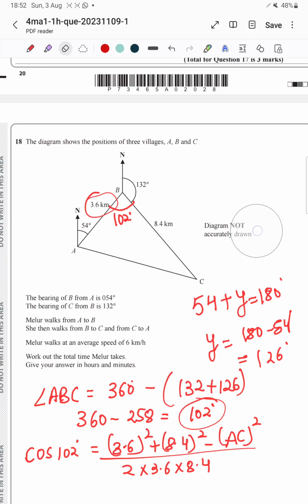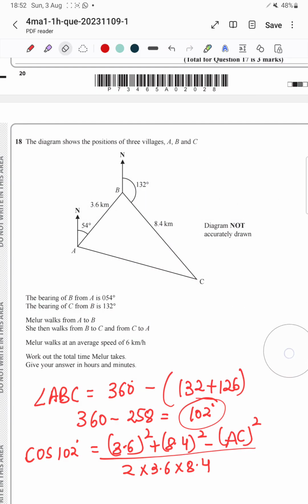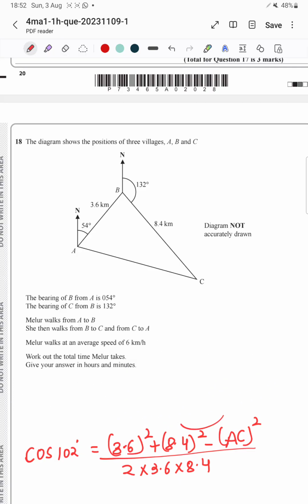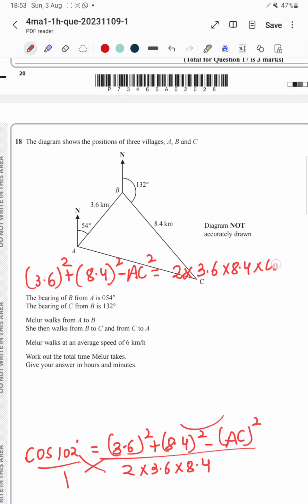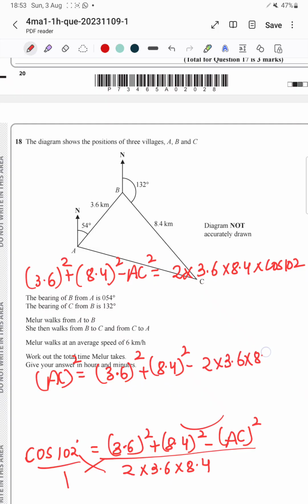I will explain the steps for finding AC. From here I can do the cross multiplication. So I get 3.6 squared plus 8.4 squared minus AC squared is equal to 2 times 3.6 times 8.4 times cos of 102. To find AC squared, that is equal to 3.6 squared plus 8.4 squared minus 2 times 3.6 times 8.4 times cos 102.